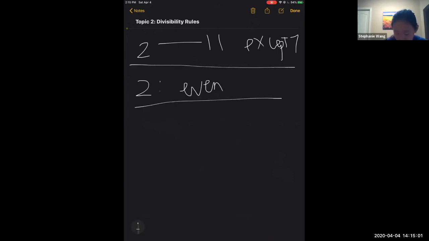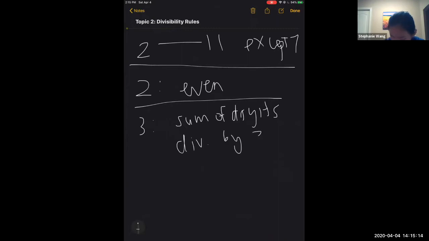And then the divisibility rule of 3 is that the sum of digits has to be divisible by 3. So let me show you guys why. Let's do a 3-digit number.